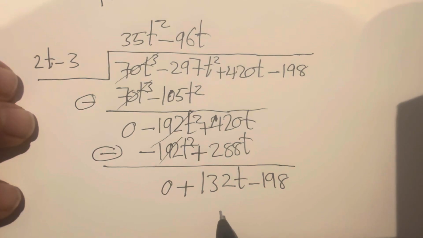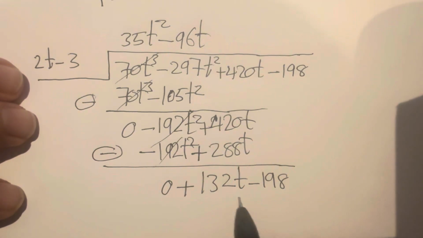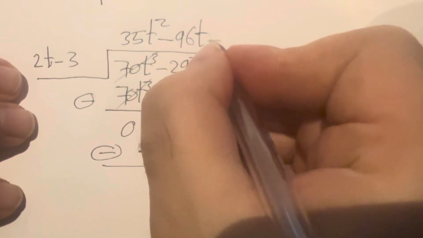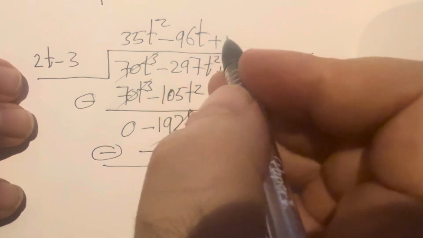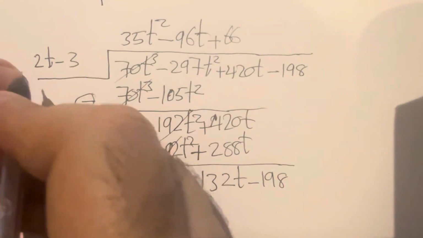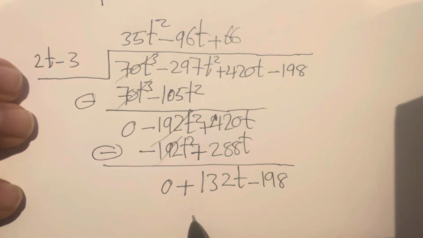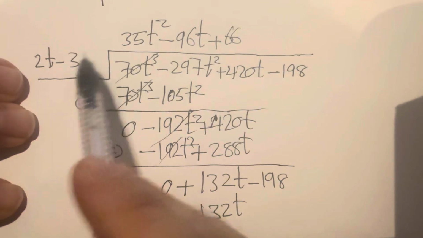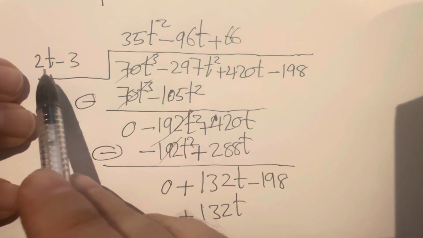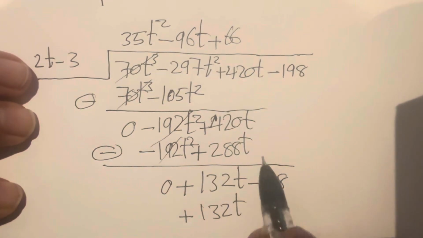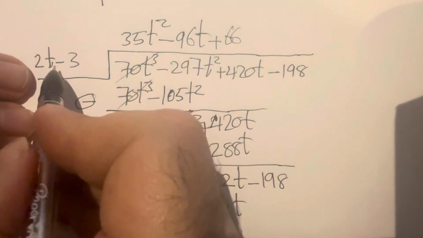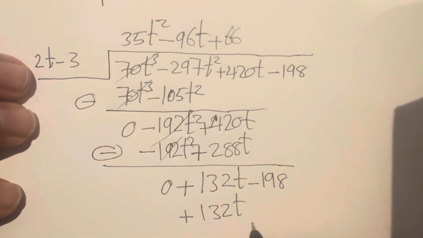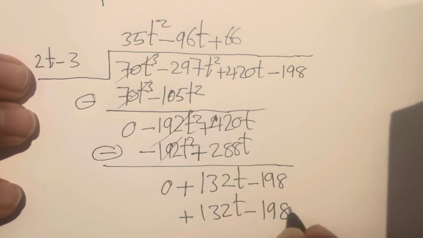Then 132t divided by 2t, we have a plus sign here, we get plus 66. 66 times 2t, we get 132t. 66 times 3, we get minus sign, because minus times plus is a minus sign, 198.